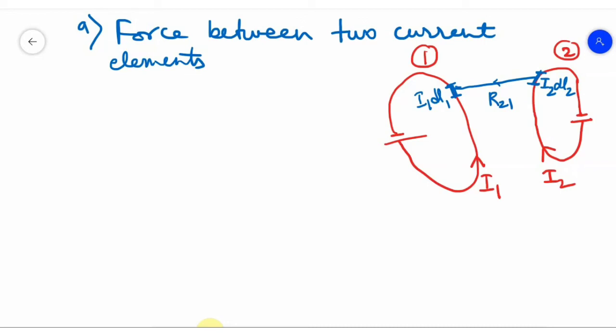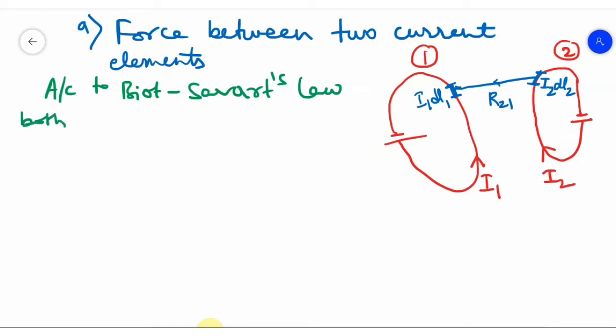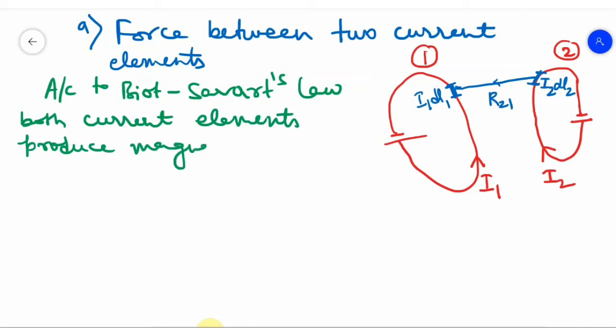Now according to Biot-Savart's law, both current elements produce magnetic fields, okay.